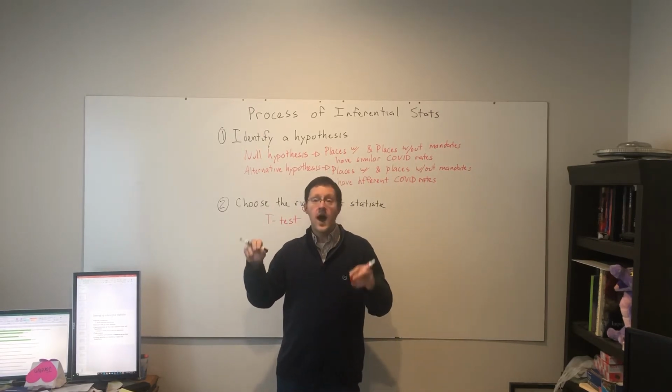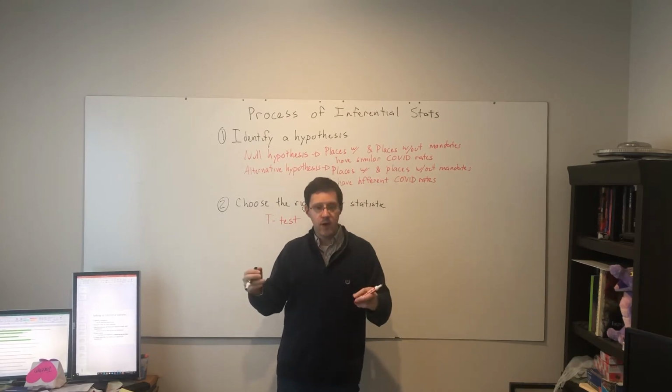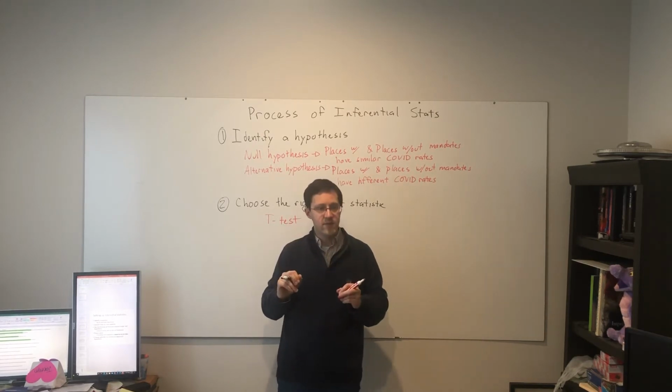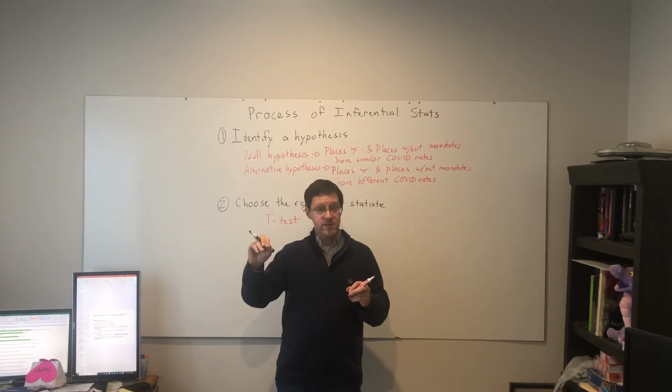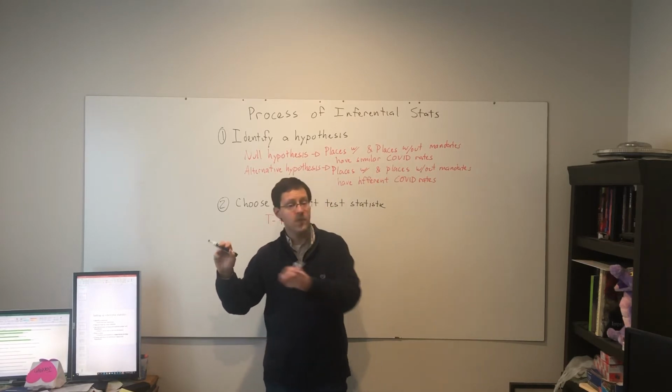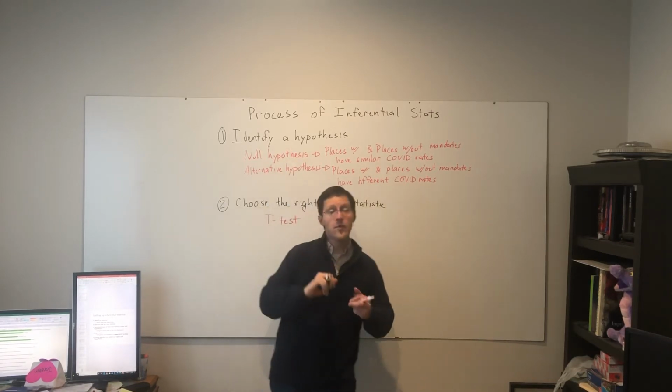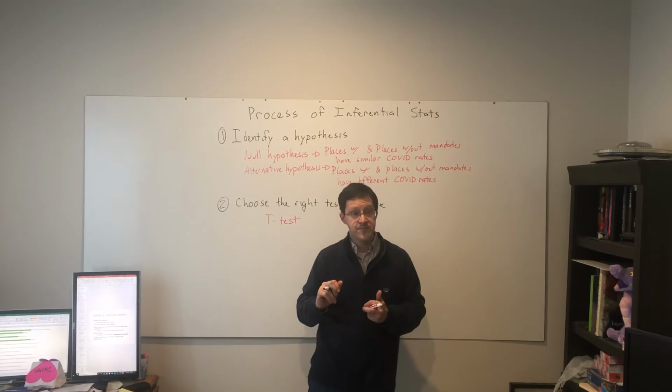I'm going to assume there's nothing going on here. I'm going to believe the null hypothesis until I see quite strong evidence that the null hypothesis is actually not supported by the data. Then I'm going to flip over to the alternative hypothesis.